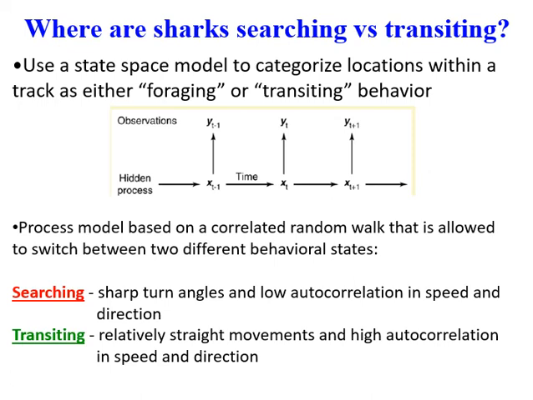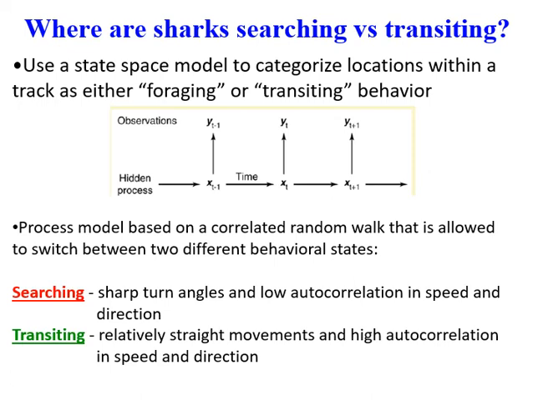And consecutive locations are going to tend to be at 180 degrees from each other. In other words, you're going in a straight line. So you can quantify the behavior that an animal is exhibiting by looking at those things.